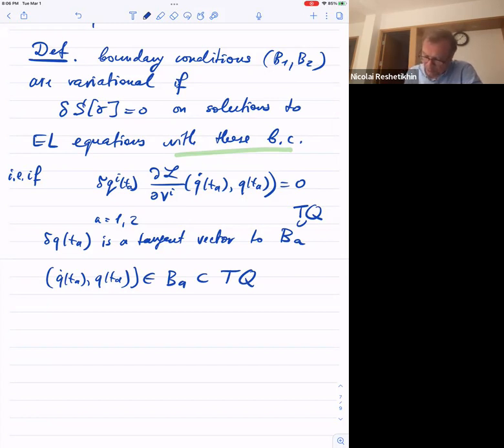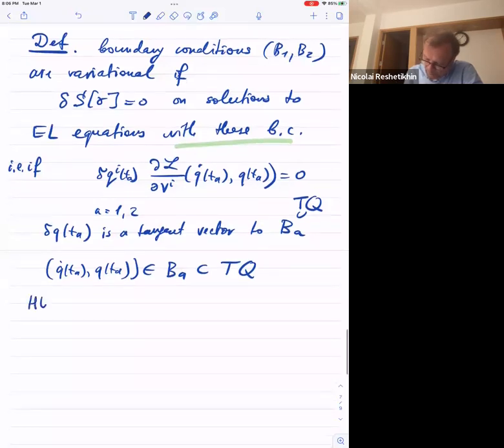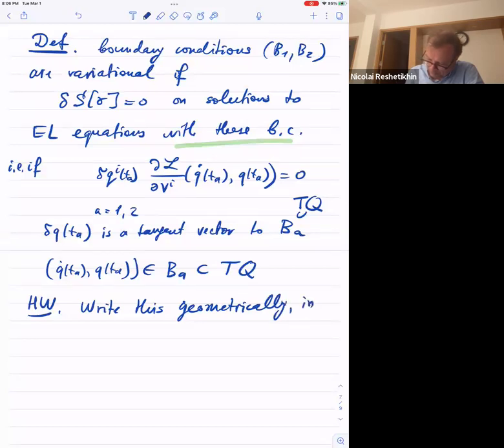I didn't want to write it in coordinate-free way, but it's possible. So you can do this at home: write this geometrically, in a coordinate-free way.